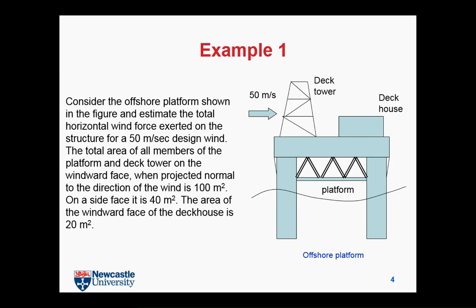On this structure, we have two different things. The first one is a tower. It's a porous structure. And the second one is a deck house for accommodation or for something else. But they have different features. So actually, if you follow the rules from API, they should apply different coefficients. And when you estimate the force, you use different areas, right?